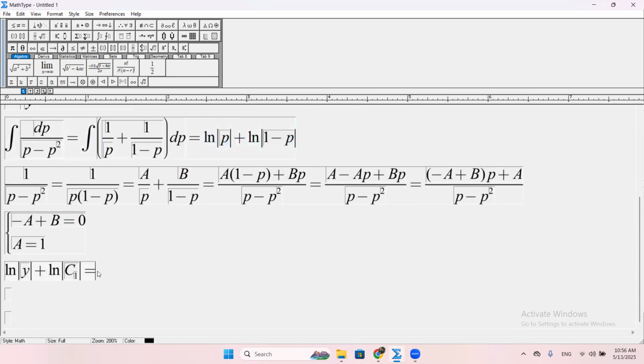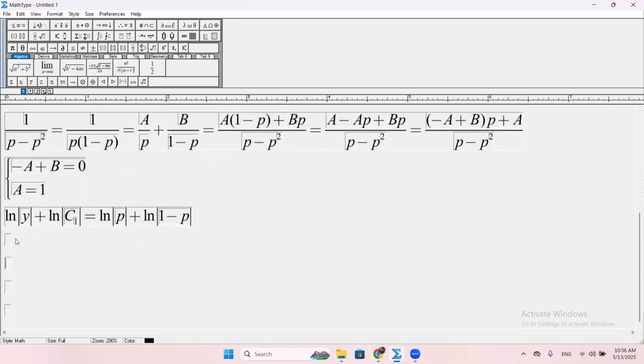So we received the following expression. Now we'll simplify it. So C1 y will be equal to p by 1 minus p. So done with it.